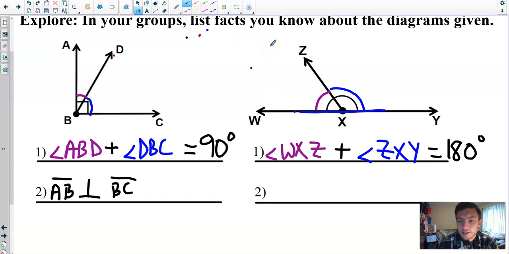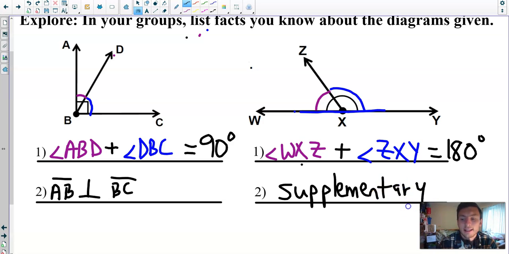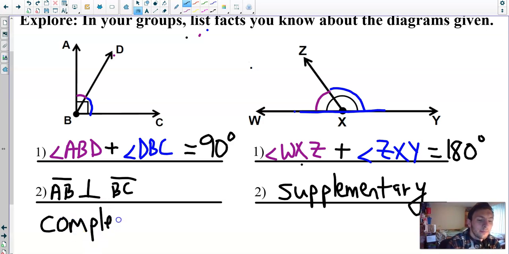We can say that these 2 angles, so this angle and that angle, are supplementary. Supplementary is a word that means adds up to 180. It's angles that add up to 180. In the first diagram, since the angles add up to 90, we call them complementary.